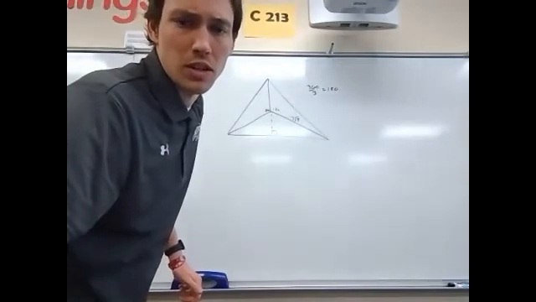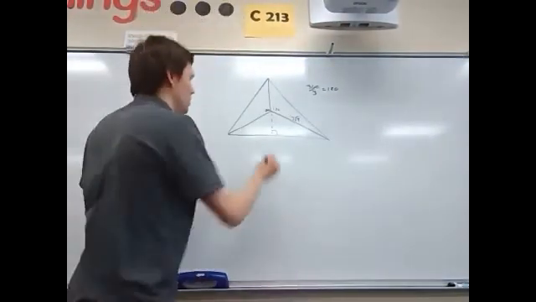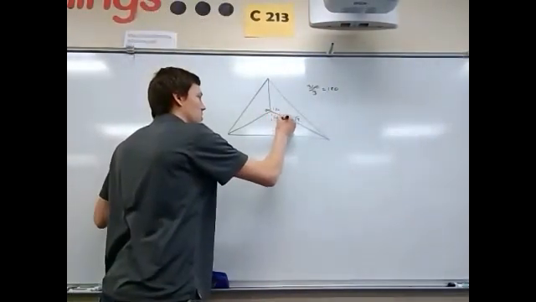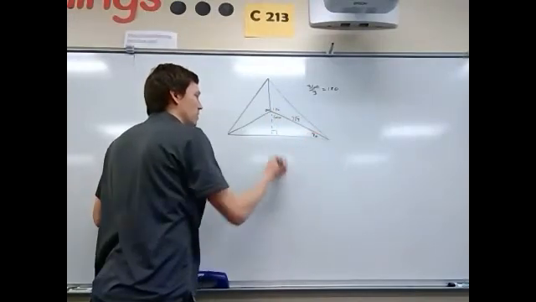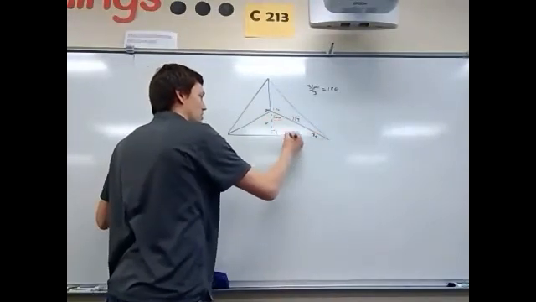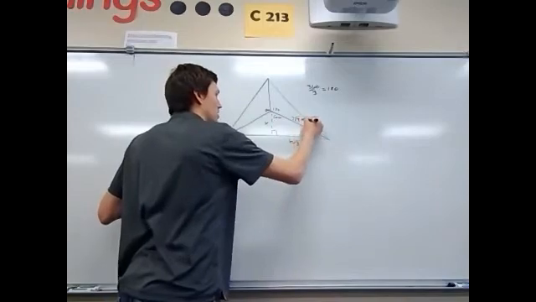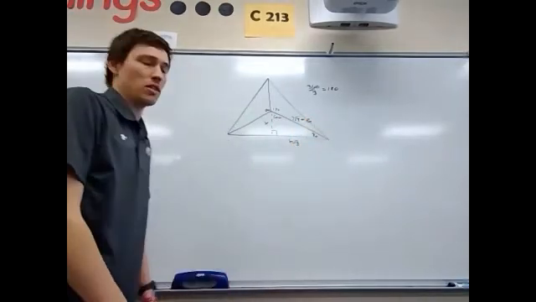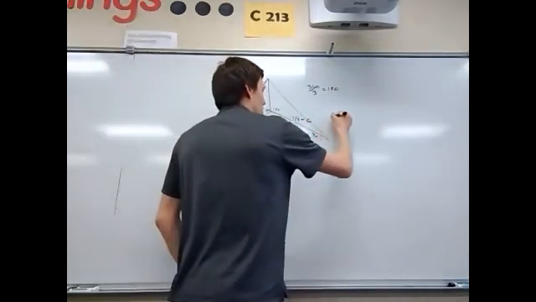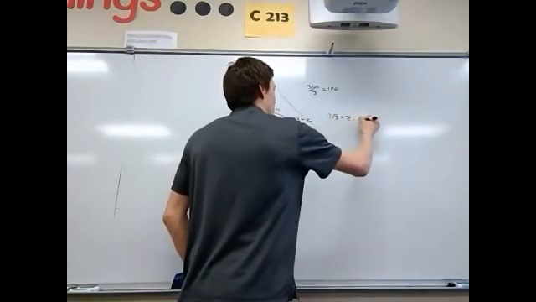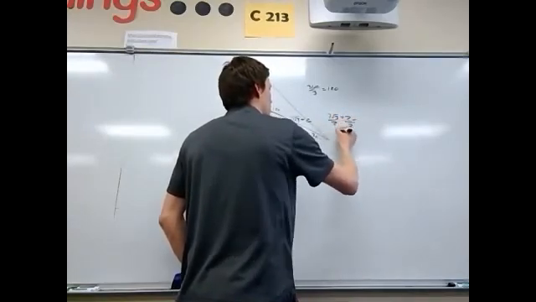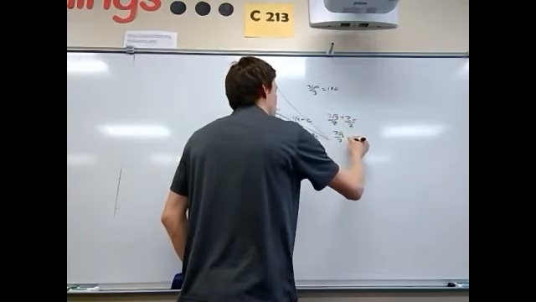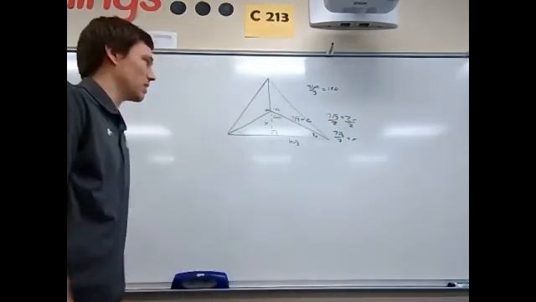So if this is 120 and this is 120, this whole thing is 120. That means this is 60, which means this is 30. Cross with 30 is x, cross with 60 is x radical 3, and this is 2x. So when I go 7 radical 3 equals 2x, divide both sides by 2, so I get 7 radical 3 all over 2 equals x.